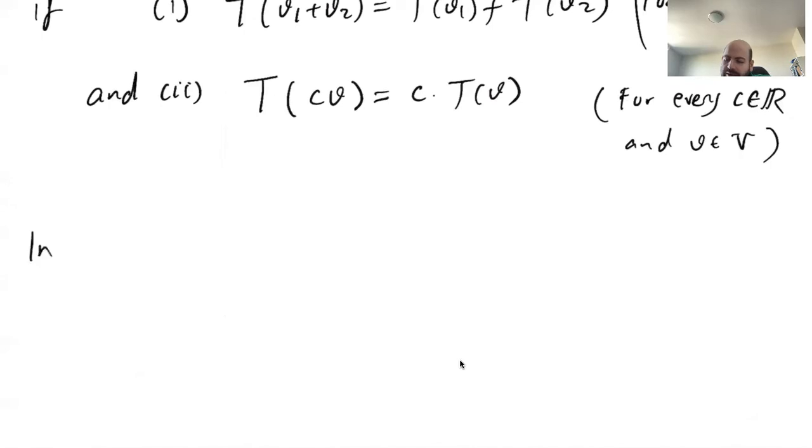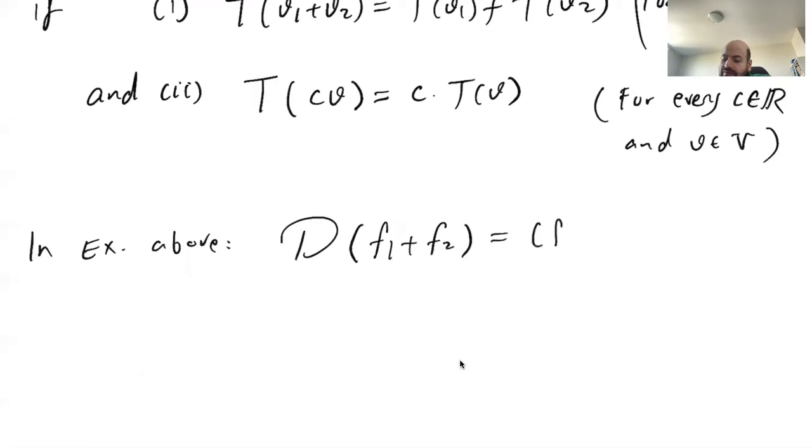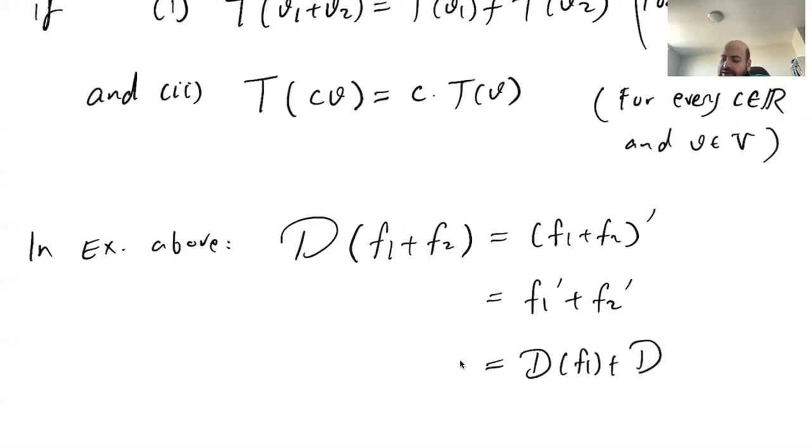So in the example above, D of f1 plus f2 is equal to the derivative of f1 plus f2, which is the same as f1 derivative plus f2 derivative, and can be written as D of f1 plus D of f2.